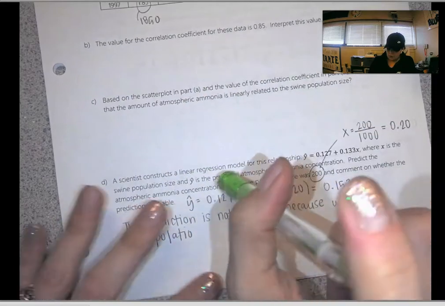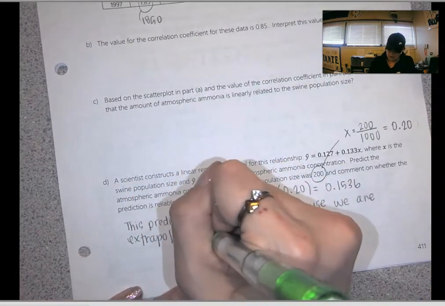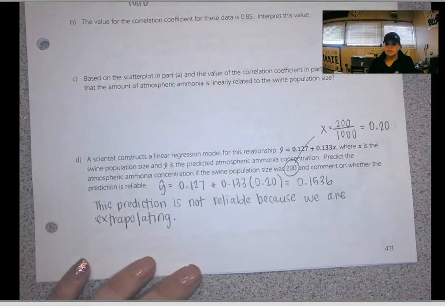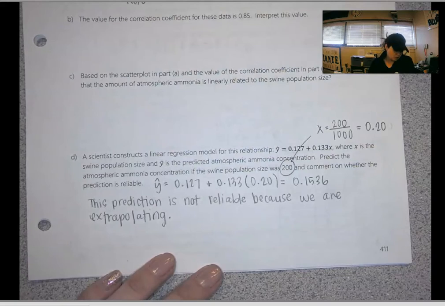How do I know we're extrapolating? Because 200 is not a population that we have observed. That's a better way to say it. 200 is not a population we have observed.